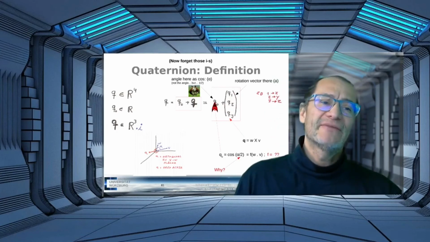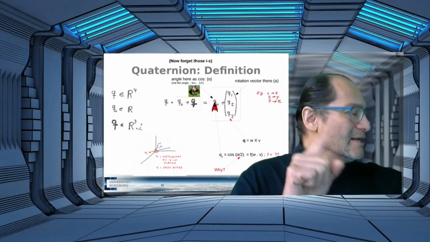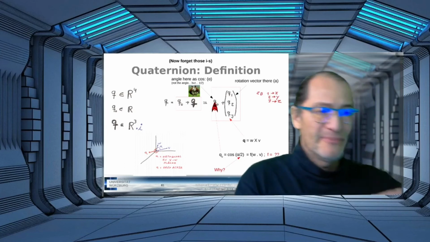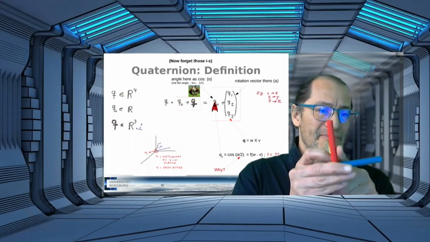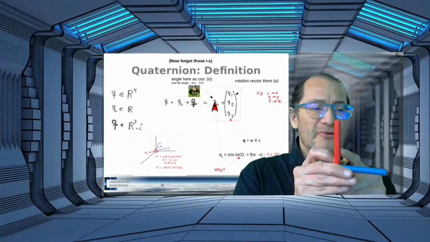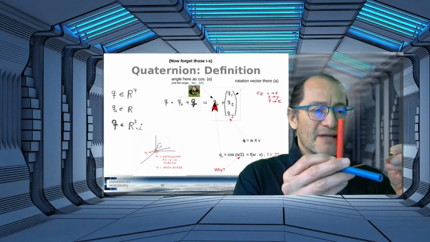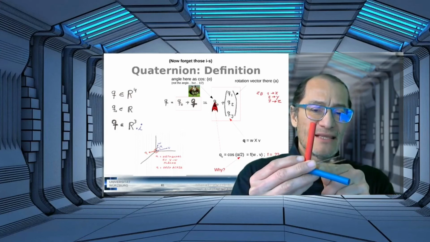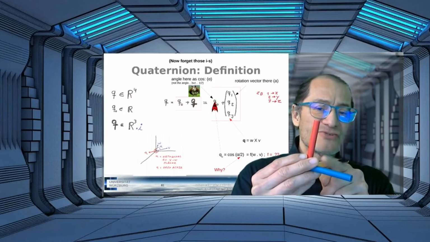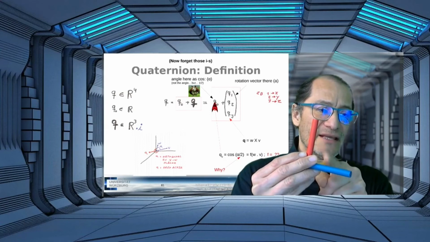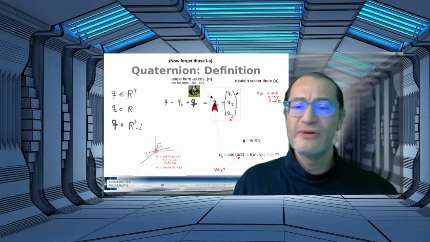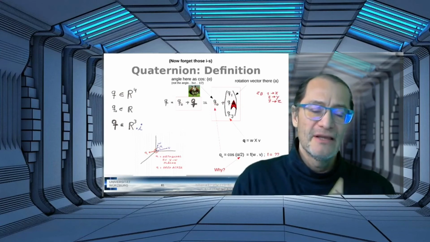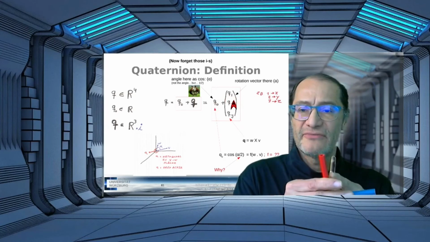Do you remember, if I am rotating from here to here, and I make a vector product of this, I will get my rotation axis. This will be this, for example. And if I make the scalar product of both, I will get the cosine from here to here. And this is what we are going to use now to define the quaternion if I am, for example, rotating this vector from here to here.